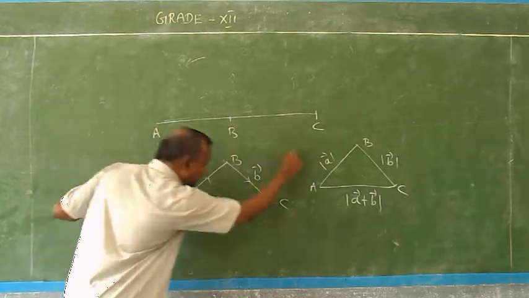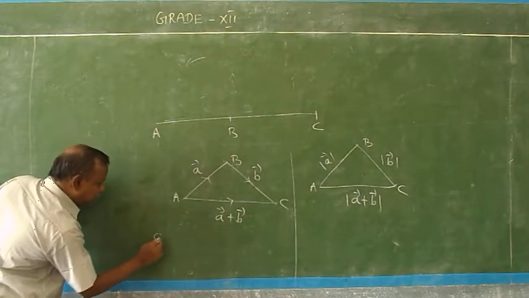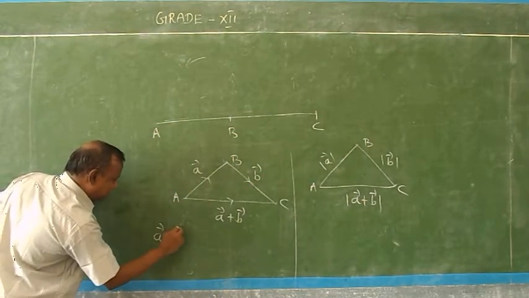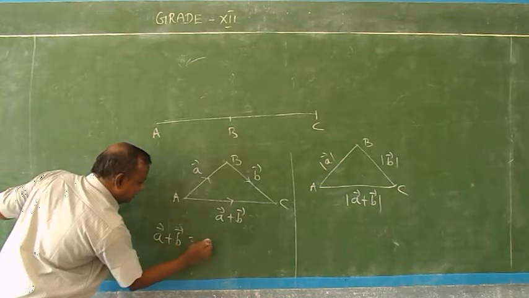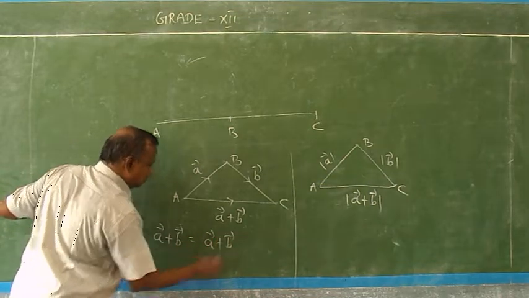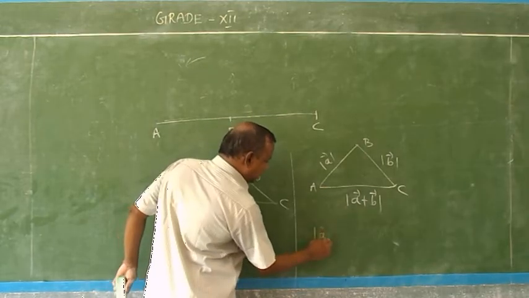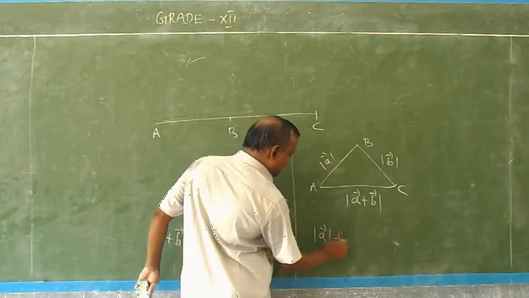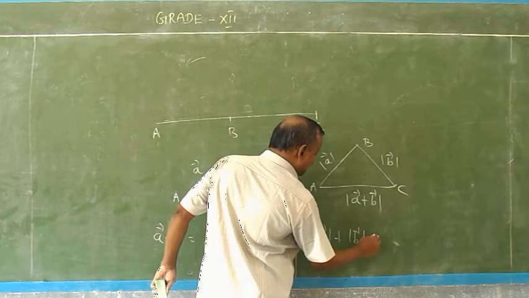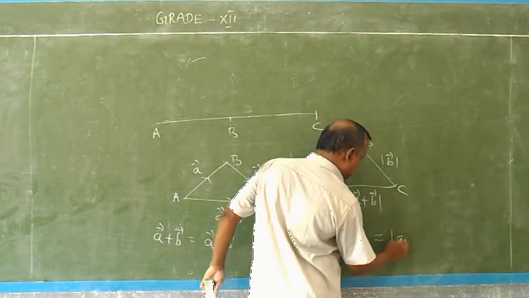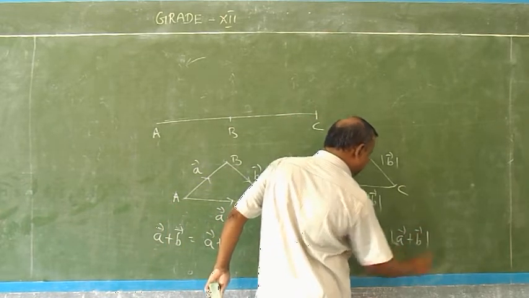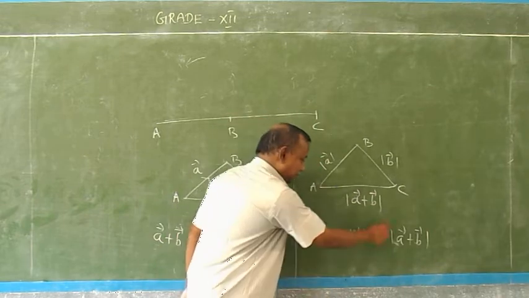In vector addition, it is true that AB vector plus BC vector equals AC vector. But when we add the magnitudes, is modulus of a plus modulus of b equal to modulus of a plus b? No, definitely not.